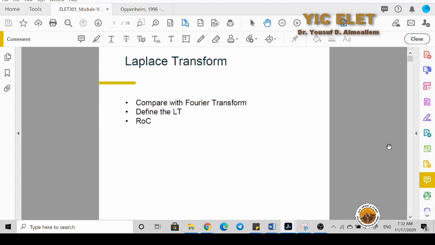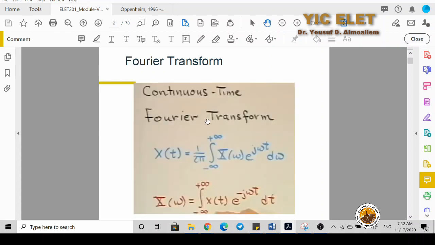So this is the definition of the continuous time Fourier transform, the FT. As you can see here, there are two equations, one to go to the frequency domain, and this is the analysis equation, where we get the time domain as an input and the frequency domain as an output.